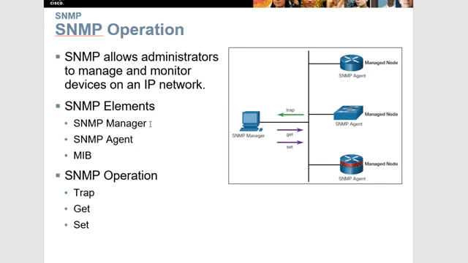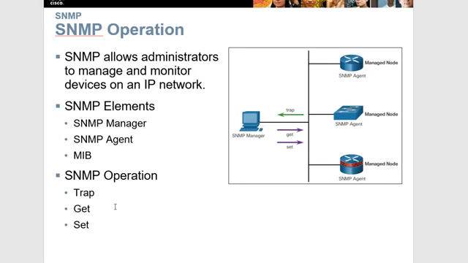The SNMP manager is part of the network management system, or NMS. The SNMP manager runs SNMP management software. It can collect information from the SNMP agent using an action called get, which you'll see down here. It can change configurations on an agent using an action called set.